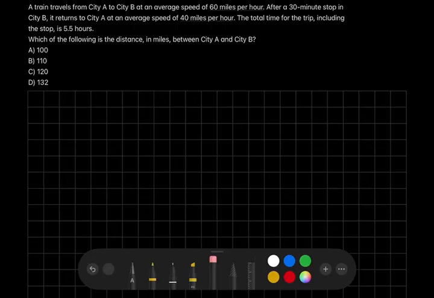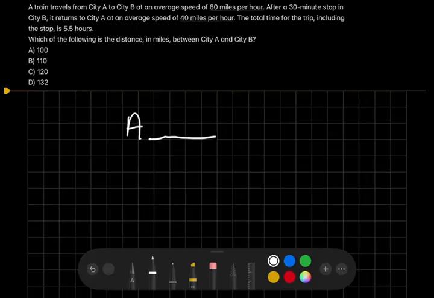Okay, so let's map this out. We have city A. They went from city A to city B. And we want to find out what the distance is between A and B. So when traveling to B, we went 60 miles per hour.